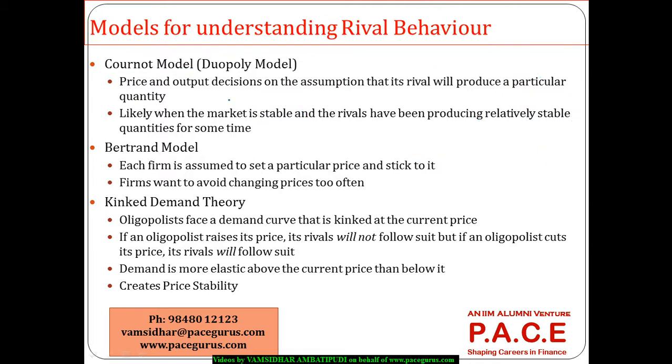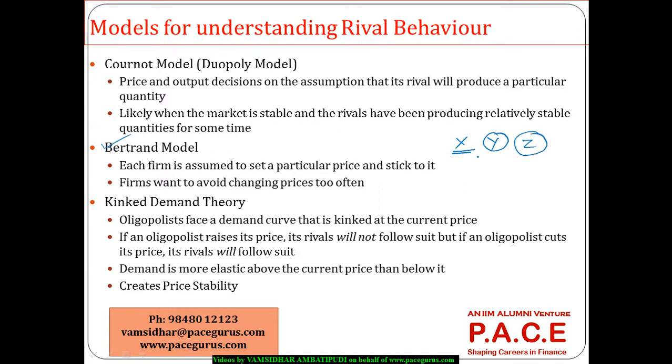Then what the Bertrand model talks about is that whatever price a particular firm has set, it assumes the firm is going to stick to it. So let's say we have X, Y, Z. Y has set some price, and Z has also set some price.